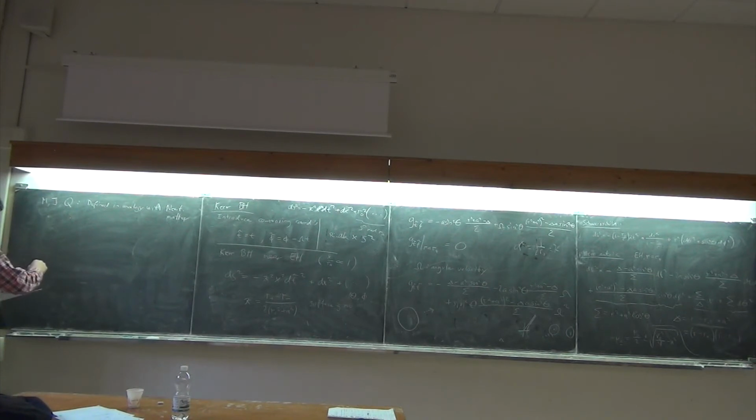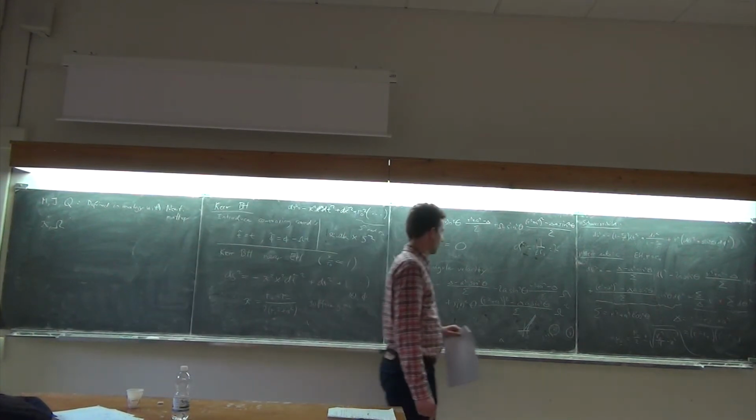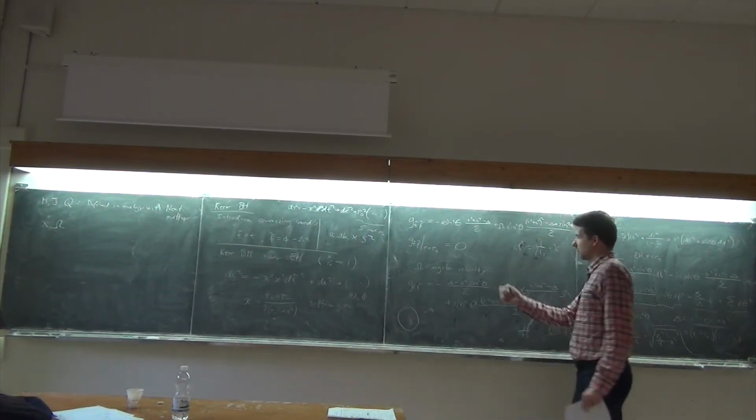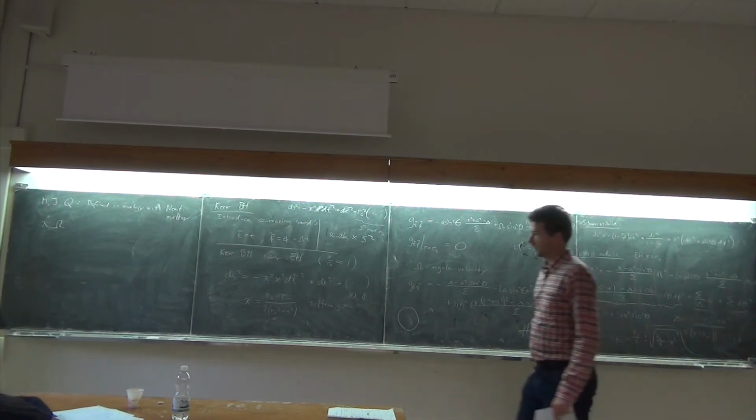Then we defined two other quantities so far, namely the surface gravity and the angular velocity. The angular velocity you can also define for the Schwarzschild black hole, but it's just zero because it's not moving, it's static.